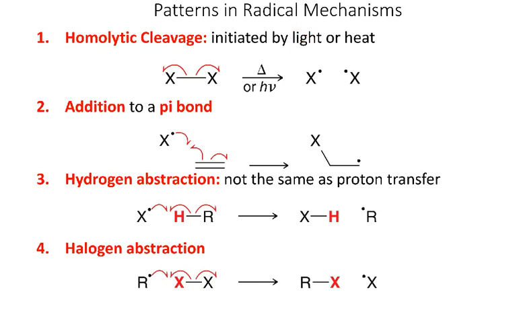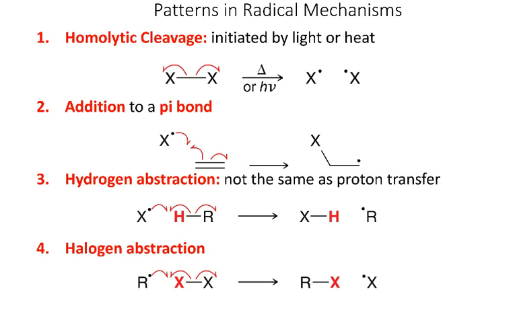And so oftentimes the way we'll represent that is the delta symbol represents heat. The energy of a photon is equal to h nu, and so oftentimes when we're achieving homolytic bond cleavage by using high energy light, we'll write h nu to represent the photon that that molecule is absorbing.